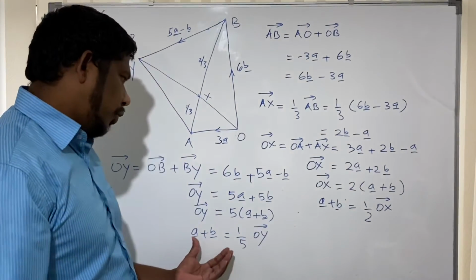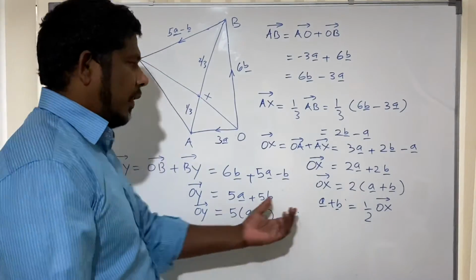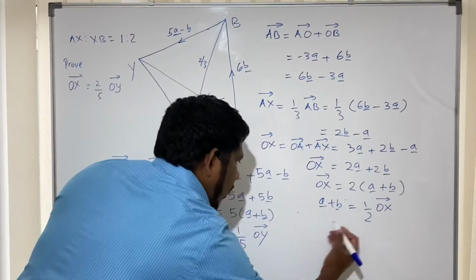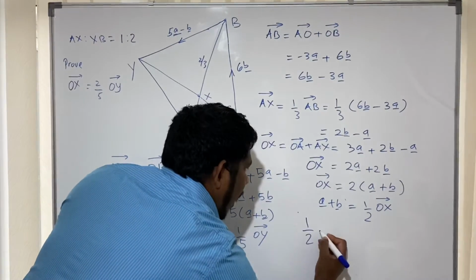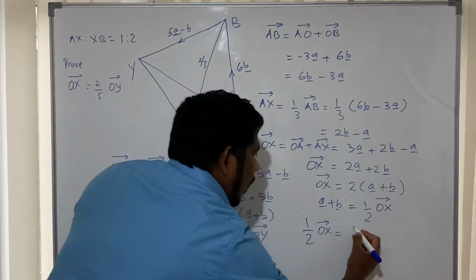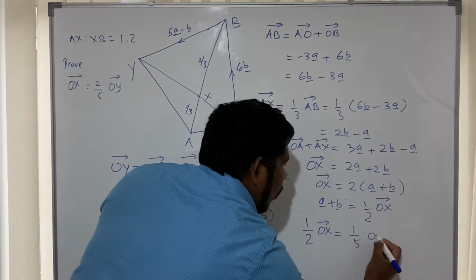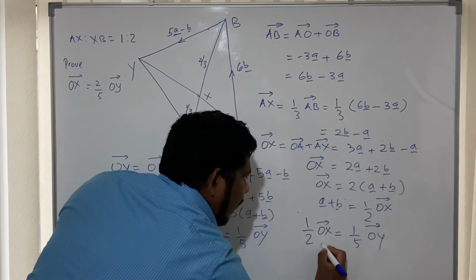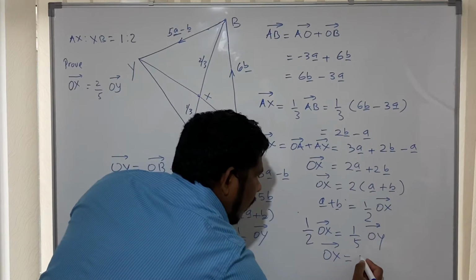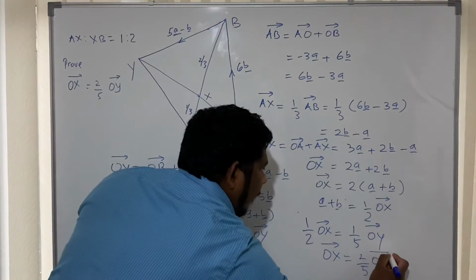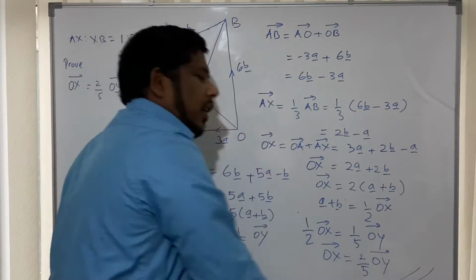So in these two equations, left hand sides are equal, so the right hand side is going to be equal as well. So half vector OX equals 1/5 vector OY. So it gives OX equal 2/5 vector OY. This is what we need to prove.